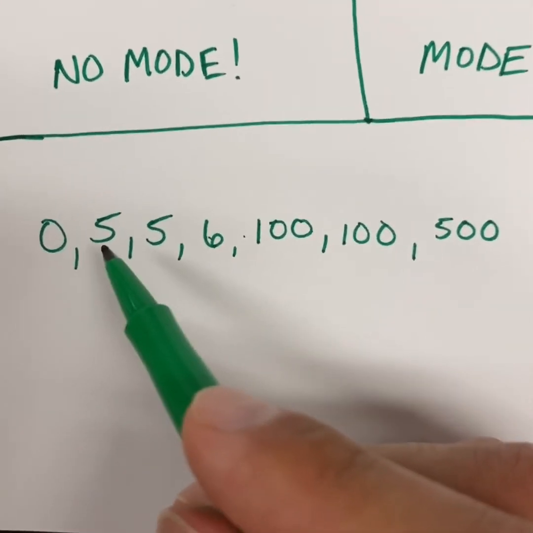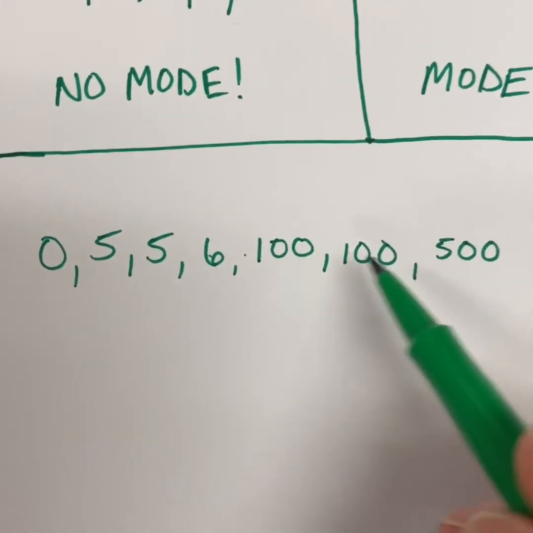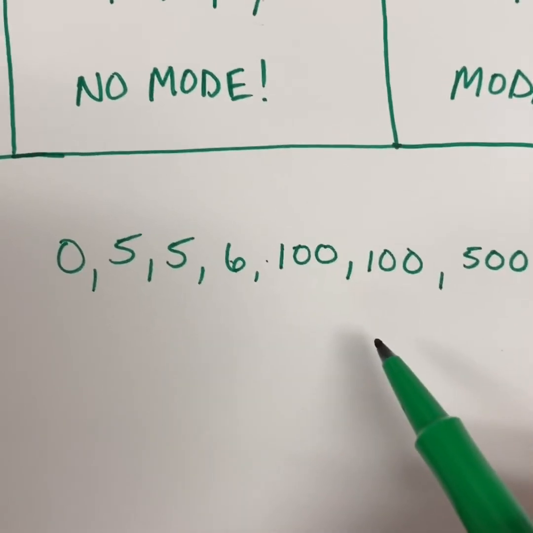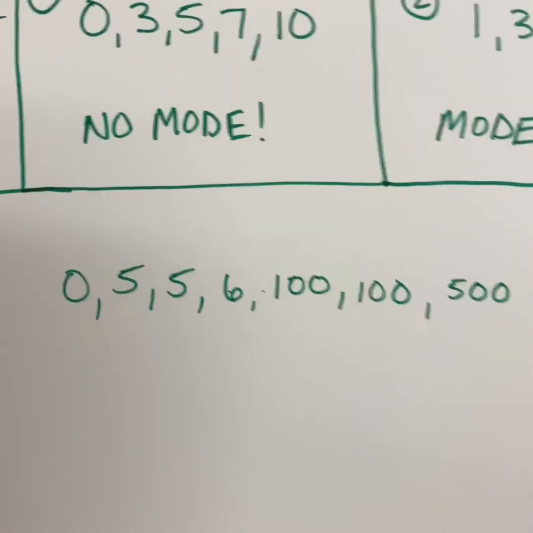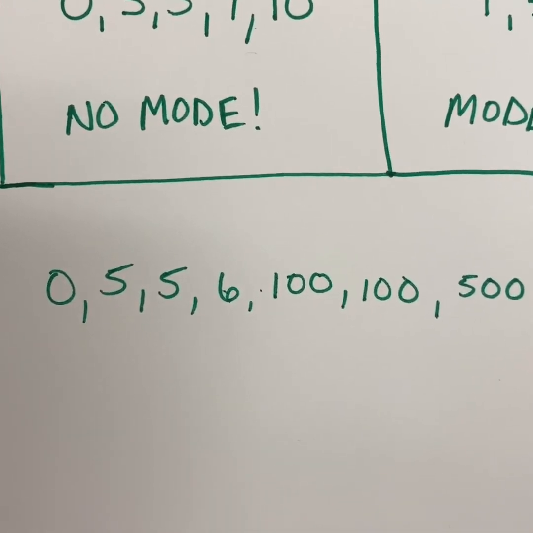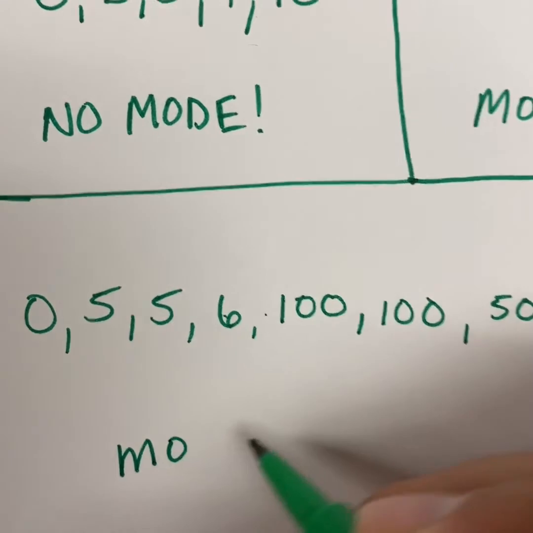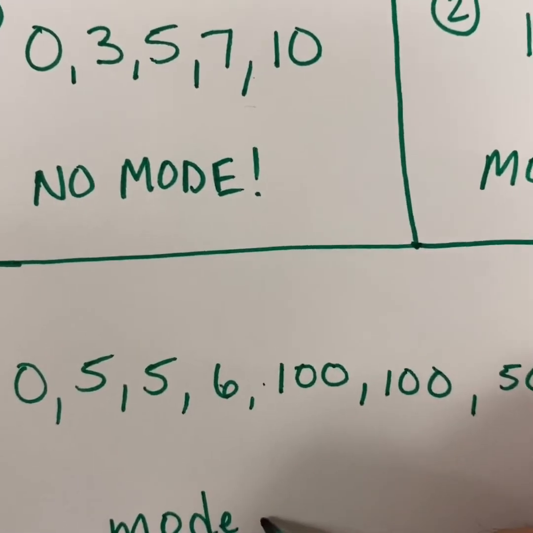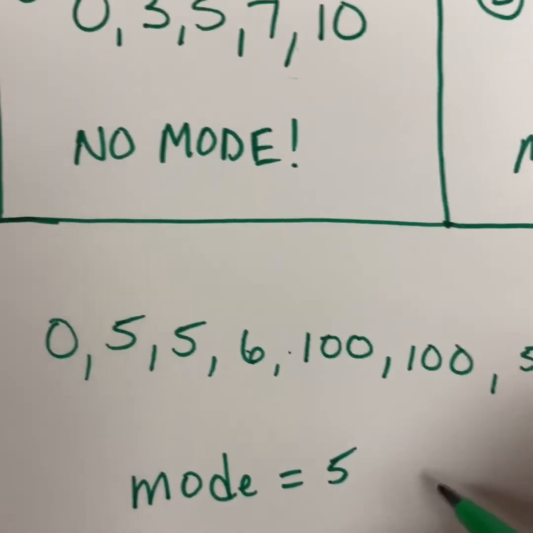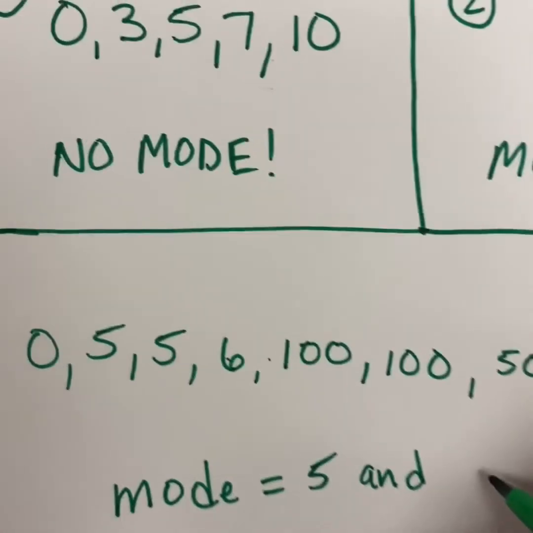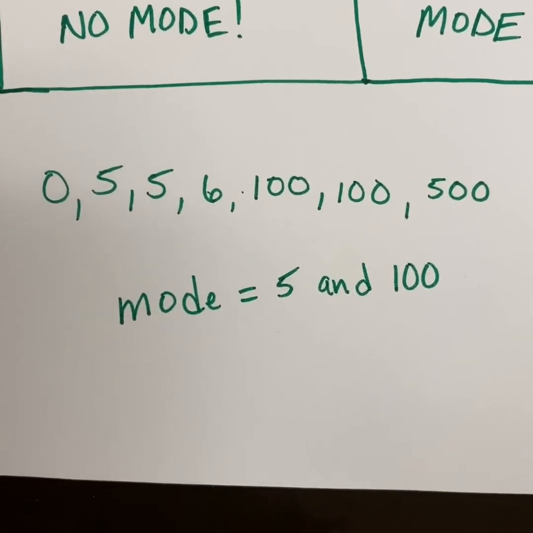Okay, so the fact that 5 repeats and 100 repeats, and they both repeat the same number of times, this means that we have 2 different modes. So for our example here, we would say that the mode is equal to 5 and 100, because they both repeat the same number of times.